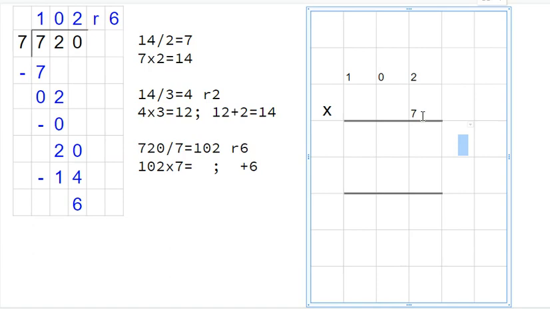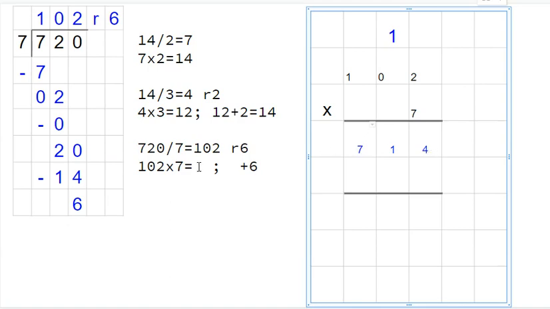Now let's do our problem. What is 7 times 2? Well, 7 times 2 is 14. 7 times 0 is 0, plus my 1 is 1. And then 7 times 1 is 7.